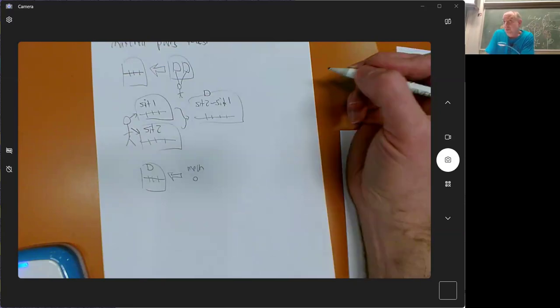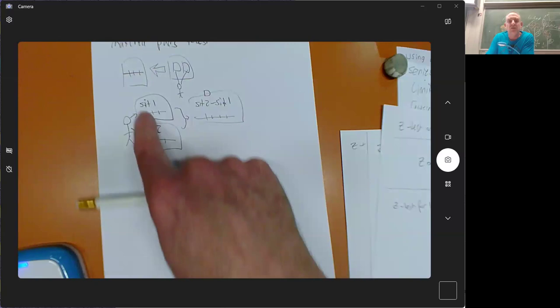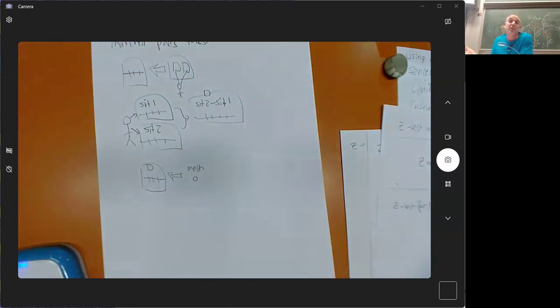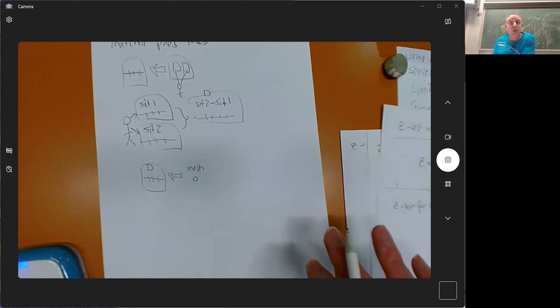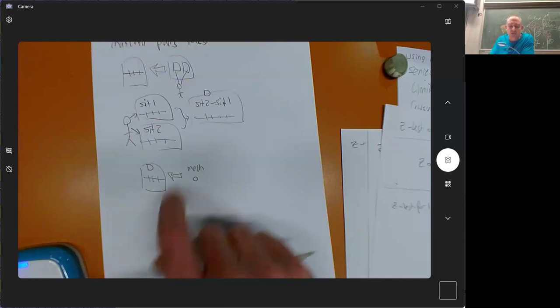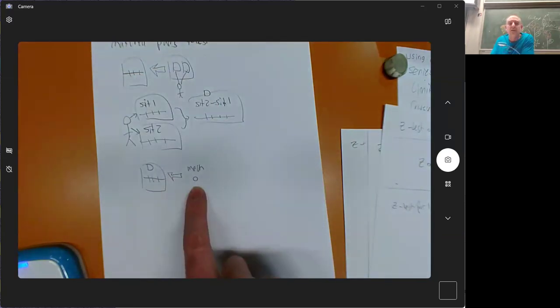Because if being in a different situation didn't really make a difference, then some people would be higher in situation 1 and lower in situation 2, whereas other people would be higher in situation 2 and lower in situation 1. And some people would give the exact same answer for both, but that's really rare to give the exact same answer to a numerical outcome. And so what we want is that the mean of the actual differences is 0.